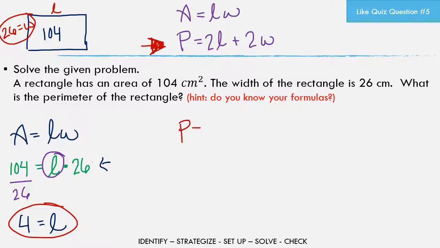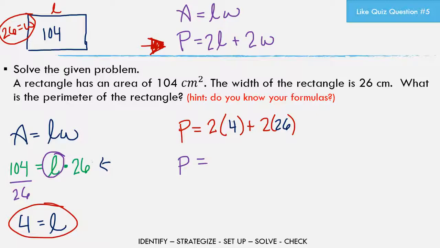So P is equal to 2 times our length, which was 4, plus 2 times our width, and our width is 26. Now we have everything plugged in, so we can simplify to find our perimeter.